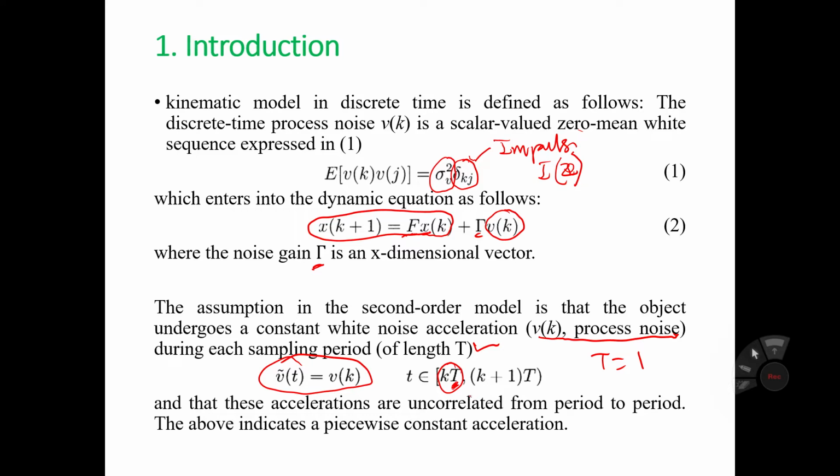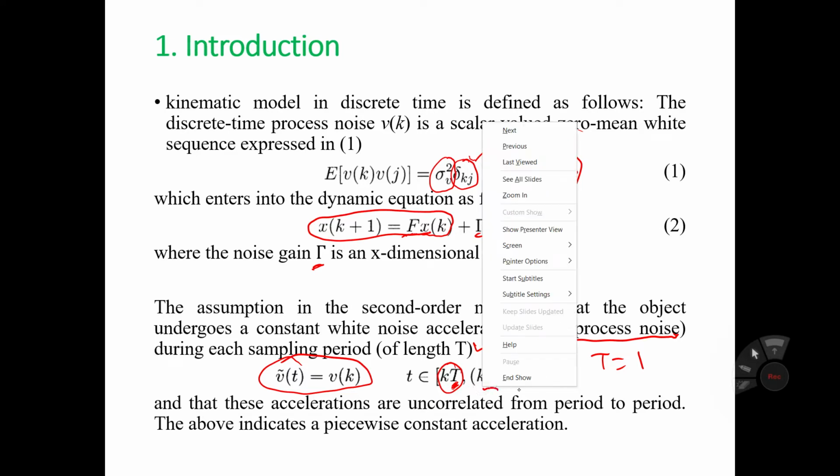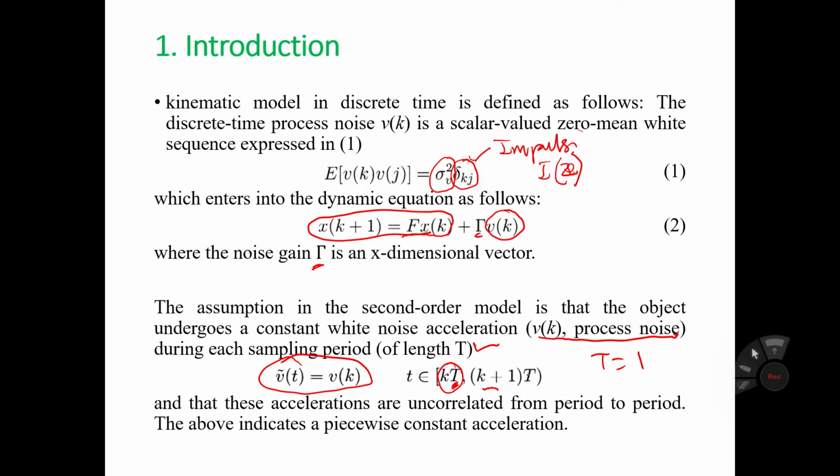And t belongs to the interval of kT and (k plus 1)T. Okay, and these oscillations are uncorrelated from period to period. So it's like a piecewise constant oscillation model. For example, here is k, and here is k plus 1.